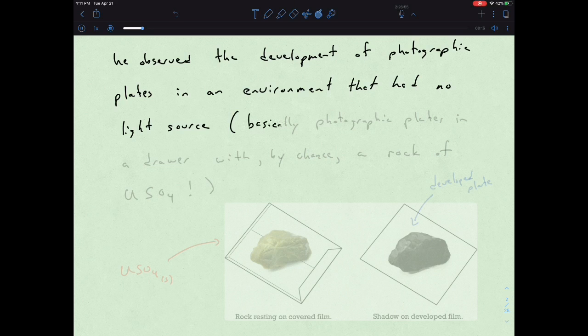Basically, photographic plates in a drawer with, by chance, a rock of uranium sulfate.